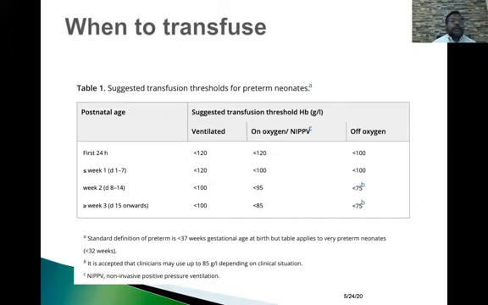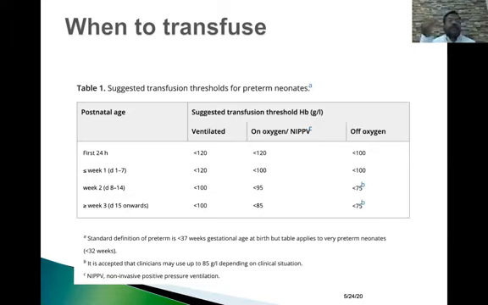So these are the suggested thresholds or recommendations for preterm neonates for transfusion. If you look at this chart, it divides babies into ventilated, needing some support like oxygen, NIPPV, or the baby is being stable off oxygen in the first 24 hours, first week, second week, and third week.